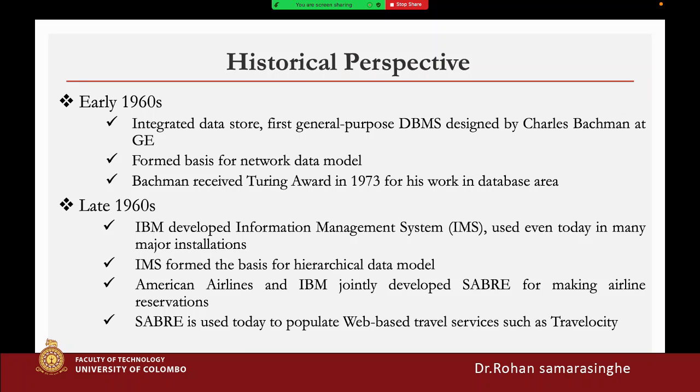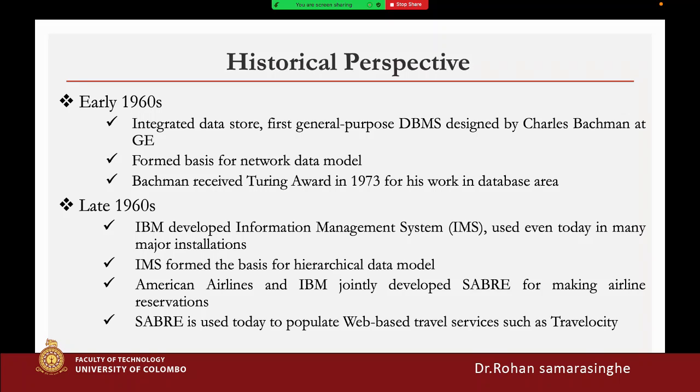American Airlines and IBM jointly developed Sabre actually for making airline reservations. They developed the system for airline reservation. You know that airline reservation is one of the complex systems. The airline reservation can be done in different places in the world, because if the flight flies to different countries, seats can be booked from the different countries.